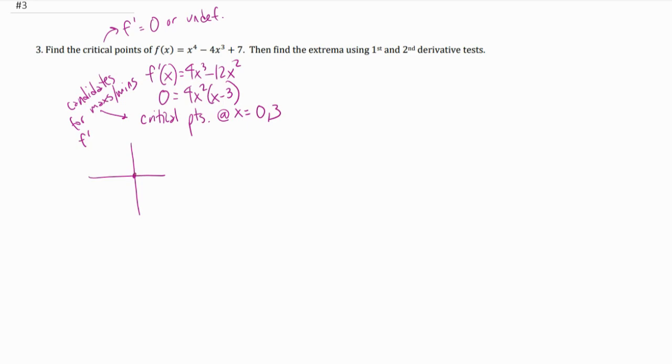So I'm going to have zeros at 0 and 3 for f prime. And we are going to be starting in positive land because we have a positive leading coefficient. And it is going to bounce off of x equals 0 because that has an even multiplicity. Okay, and then where does this graph change from positive to negative? There is no local maximum because f prime doesn't change from positive to negative.